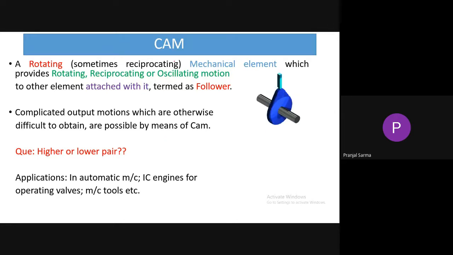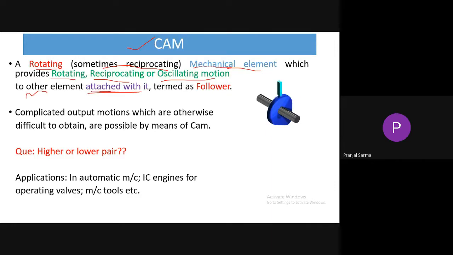Now, if we have to define it, how can we define a cam? A cam can be called a rotating member, mostly it is rotating, and sometimes, depending on the configuration, it might be reciprocating. So a cam is a rotating mechanical element which provides either rotating, reciprocating, or oscillating kind of motion to another element which is attached to it.